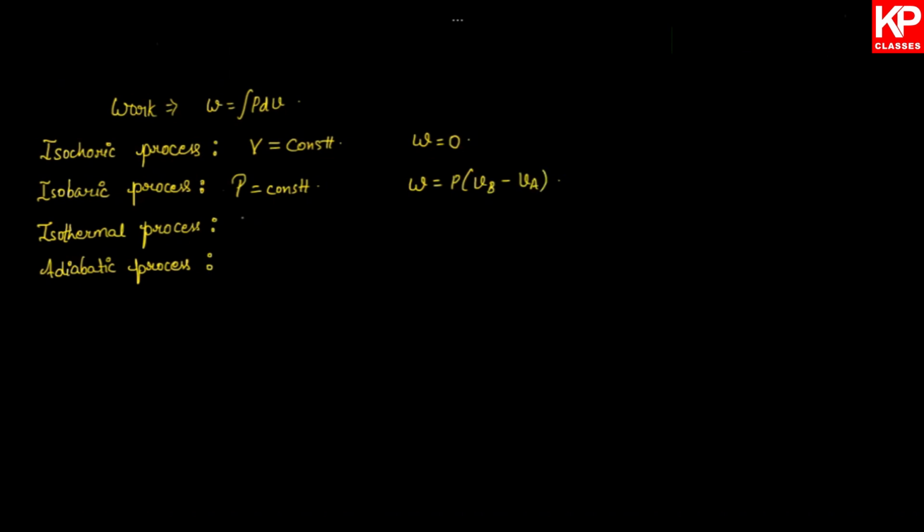Similarly, for the isothermal process, temperature remains constant and the work expression is given by nRT ln(VB by VA), or it can also be written in the form of pressure, that is nRT ln(PA by PB).